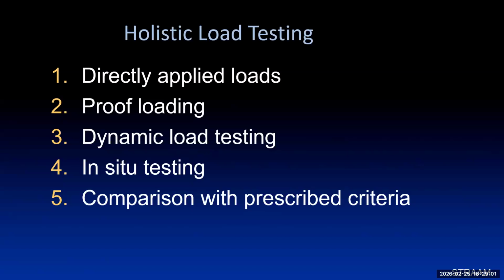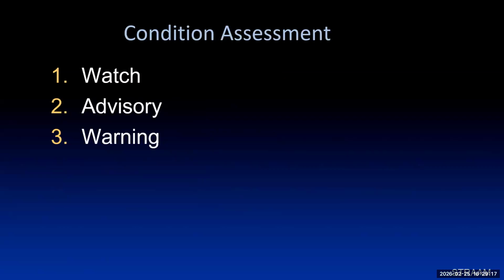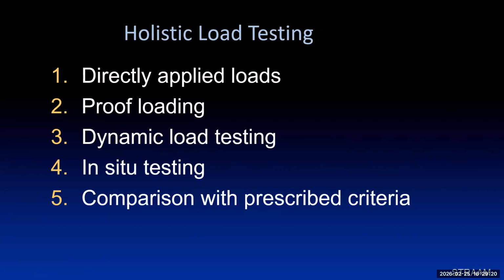It's hidden there in the dynamics, the dynamic performance of a structure. So if you look at that and you analyze in detail, you can find out what the problems are with the structure. So we have in situ testing, and then a comparison with prescribed criteria.